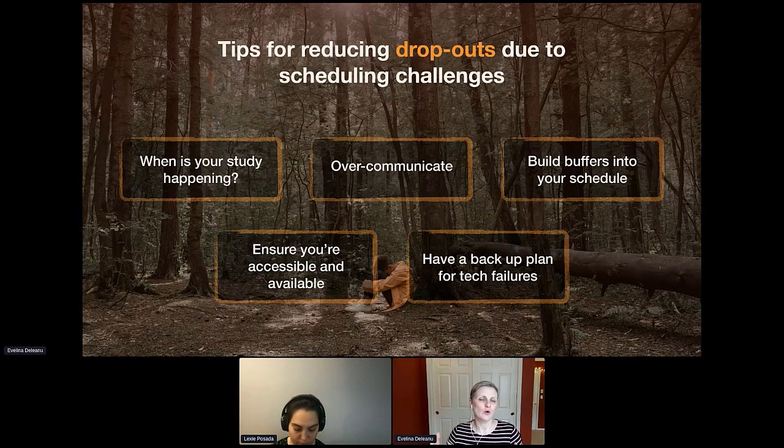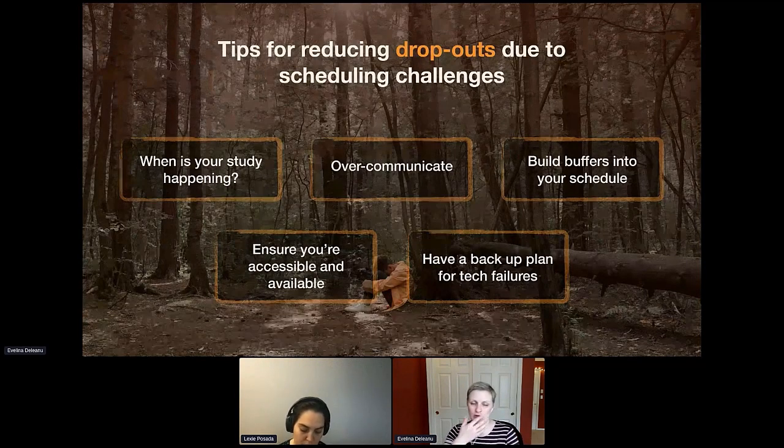So if your sessions never happen outside of your normal business hours, you may have a very hard time recruiting folks that would be able to meet during your business hours, or you may attract not the appropriate or right kind of participants to be in your study. So consider offering research sessions in the evenings or on weekends or on some holidays, to be considerate and mindful of the working and lifestyle choices of the audience that you're targeting.